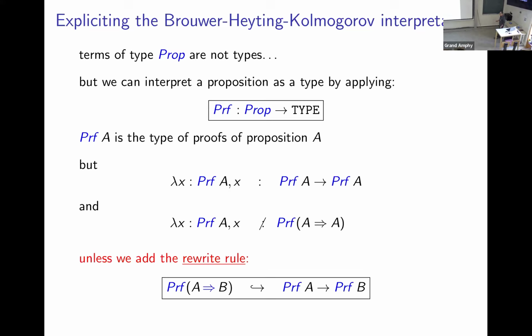And indeed, we can define the meaning of the implication by defining what are the proofs of A implies B. We say that a proof of A implies B is a function from proofs of A to proofs of B. This interpretation is due to Brouwer, Heyting, Kolmogorov, but here we have a concrete implementation in the logical framework.